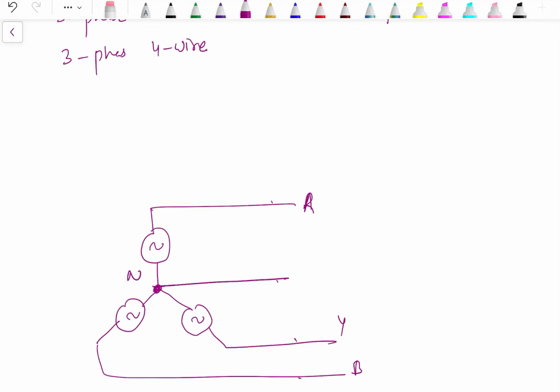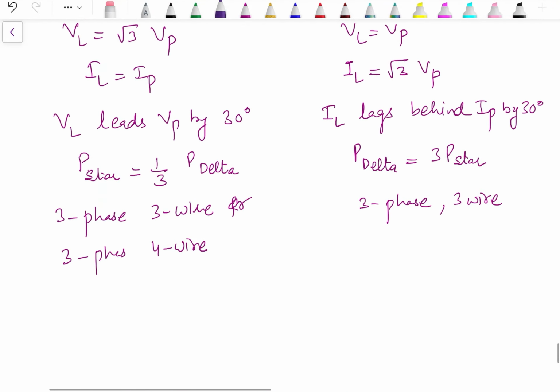This 3 phase 4 wire system is the most commonly used at the domestic level, because at domestic level most of the loads are single phase loads, and we need to use one line and the second one is neutral, which acts as a return path. So we can connect a single phase load like this, a second single phase load like this, and a third single phase load like this. While this type of neutral is not available in case of delta, so delta is not useful for domestic level distribution.